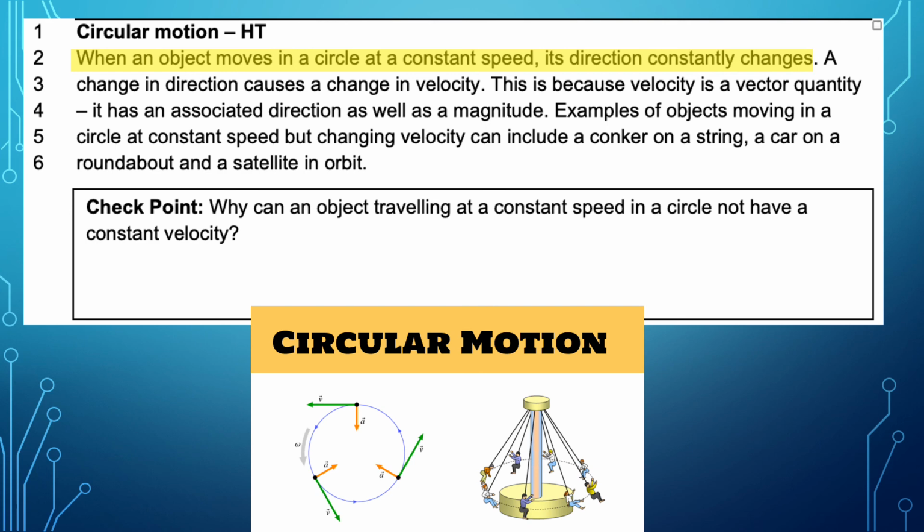But the main thing that you need to understand from this is that when you have an object moving in a circular motion, the velocity is going to be constantly changing because the direction is changing as well. So go ahead and try and answer that checkpoint question. You can use the same words as the text, but go ahead and pause the video and try that out.